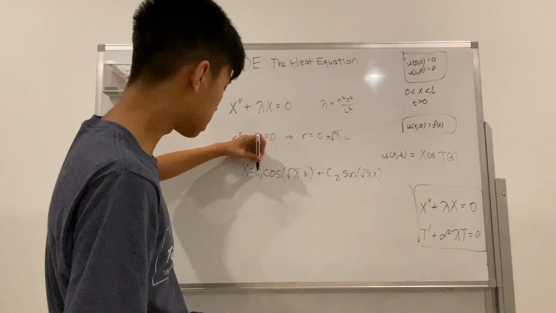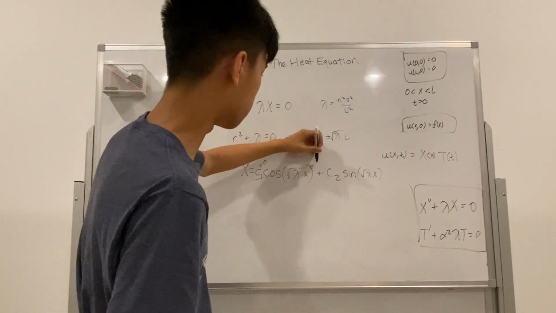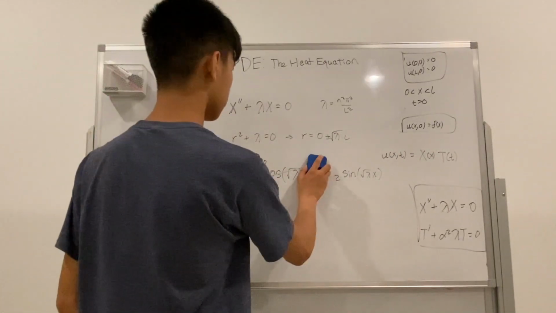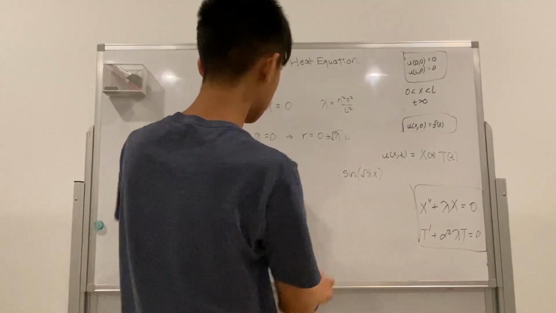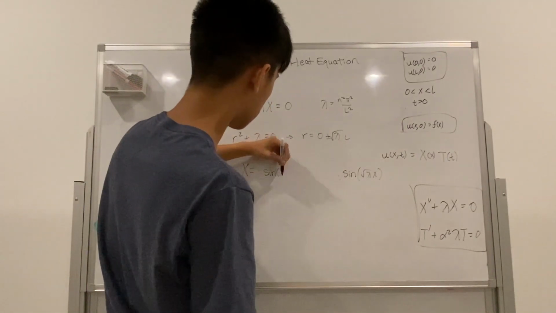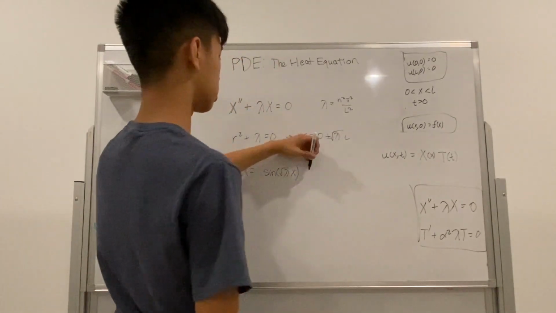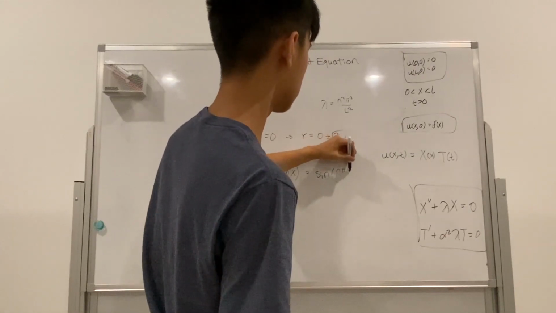So this means that this c1 over here has to equal 0, making this whole cosine term irrelevant, meaning that the only thing that matters here is the sine term. So we'll just say that this is sine of square root lambda x. Remember, lambda is equal to that, so this is equal to sine of n pi x over L.